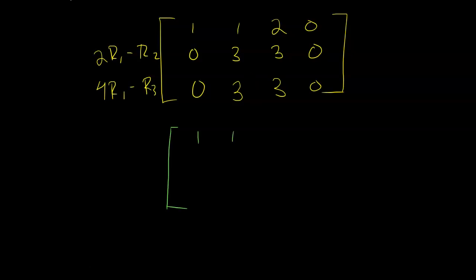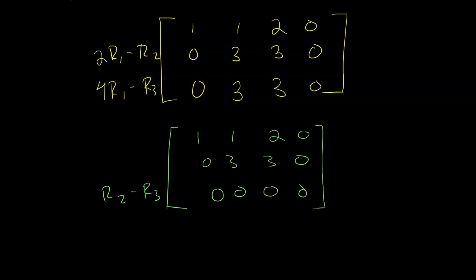So I'm going to rewrite the first row as it is, rewrite the second row as it is. And then if I try to get a 0 right here by, say, row 2 minus row 3, I will have a row of all zeros, which means that these equations aren't actually enough to determine my shape.